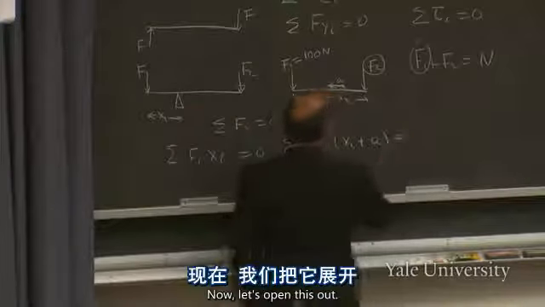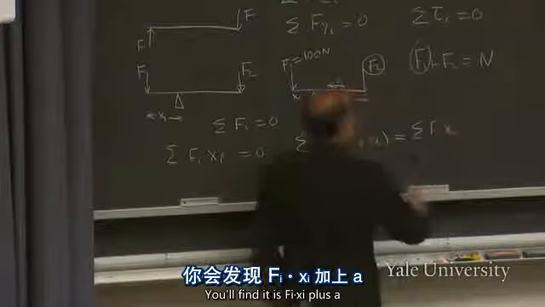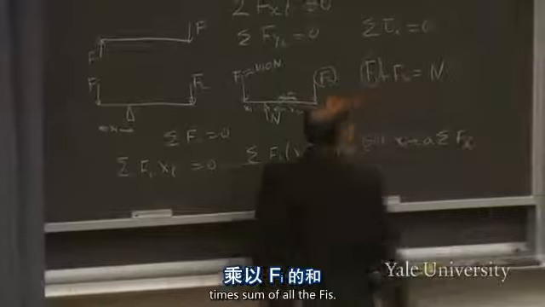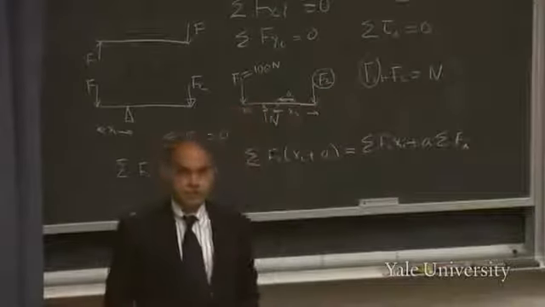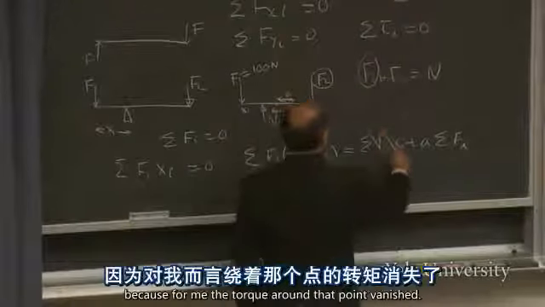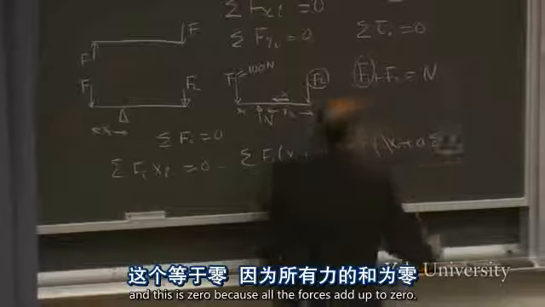Now, let's open this out. You will find it is the sum of fi xi plus a times the sum of all the fi's. This is 0 because, for me, the torque around that point vanished. And this is 0 because all the forces add up to 0.